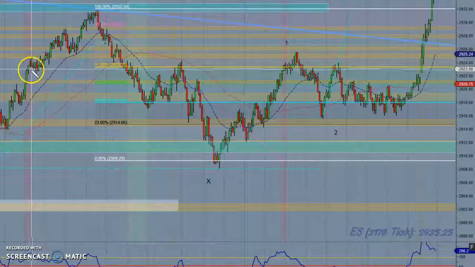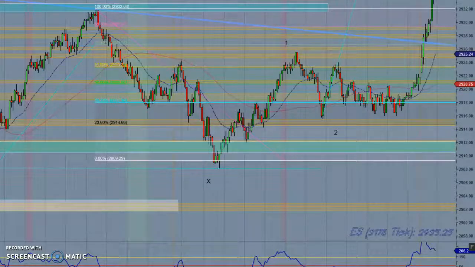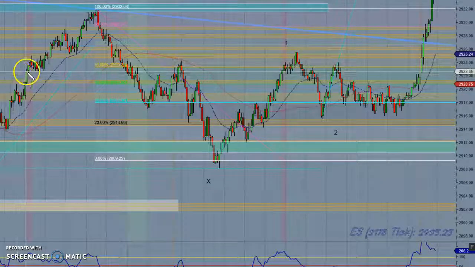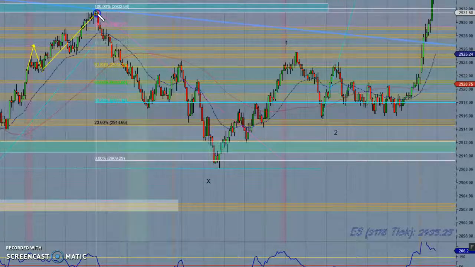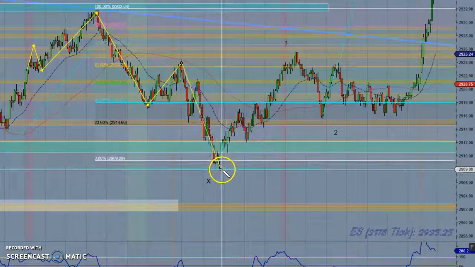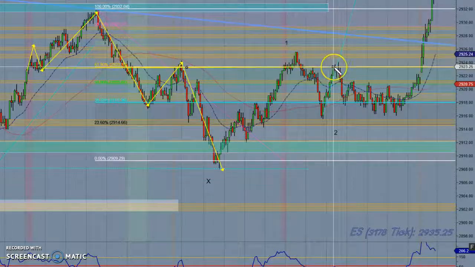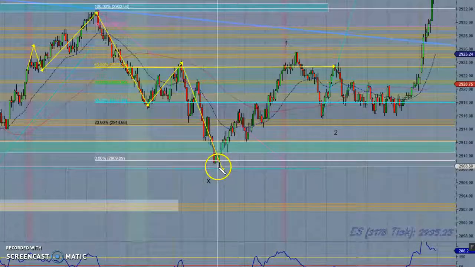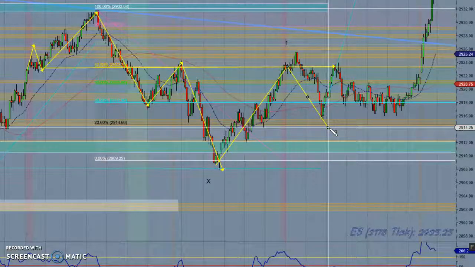Okay, this is not it. You need a price action that is moving up, check, and then go, and then check. That will be a stronger 618. When we get back here, I'm expecting a turn.